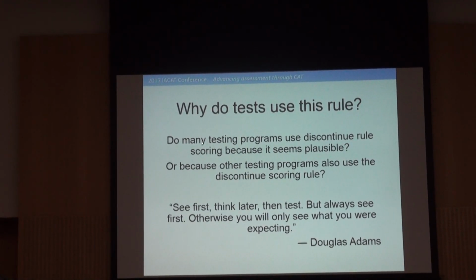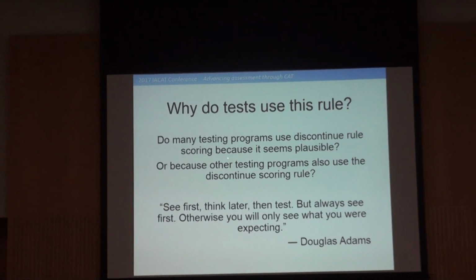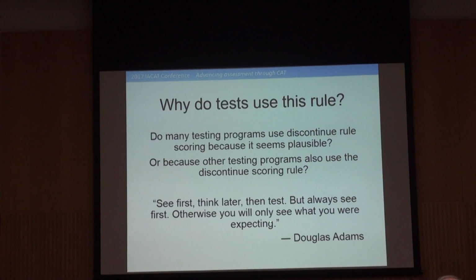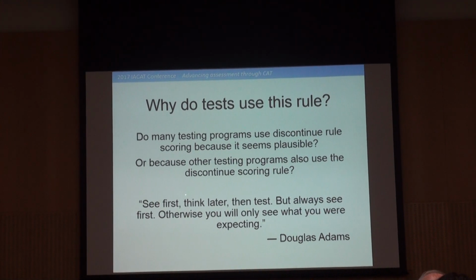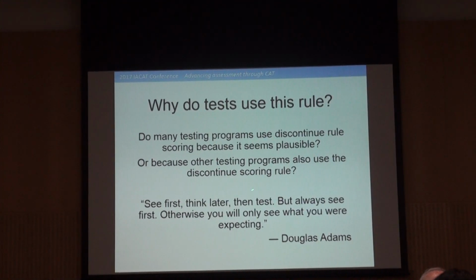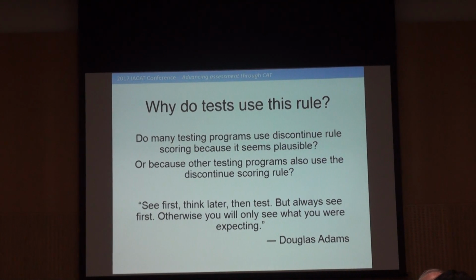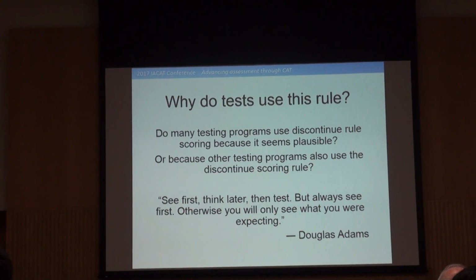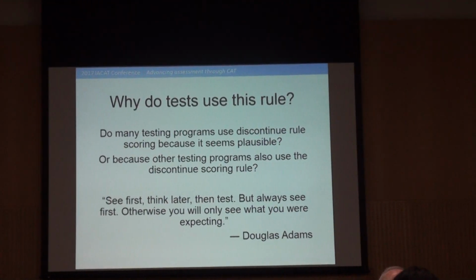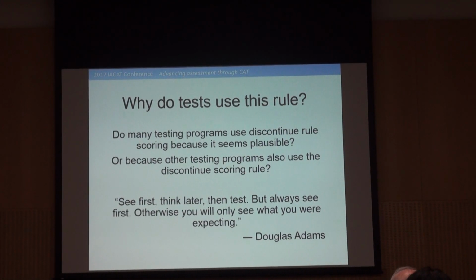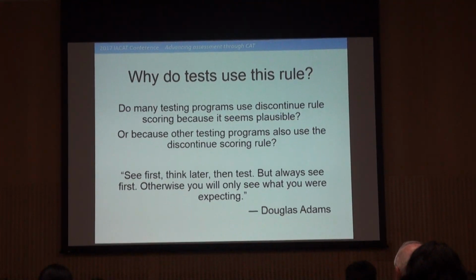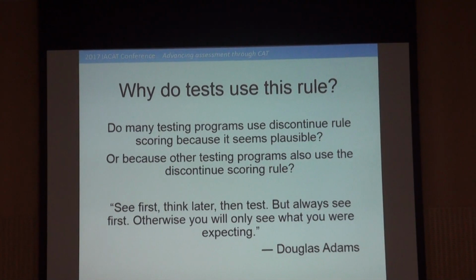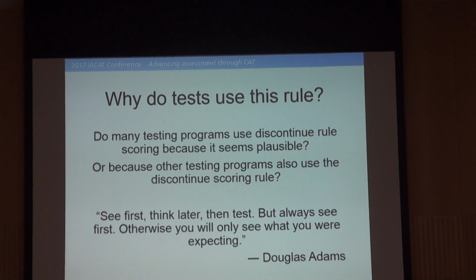So why do we use this rule? We have so many testing programs using this because it might seem plausible. Yeah, everything after that is wrong. Why not? The problem is there's actually research on that, and one paper does a simulation study and finds that if you do this, you actually use what seems plausible, and you get a big bias in ability estimates, and you get differences in item difficulty estimates.